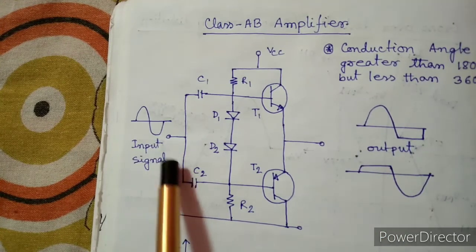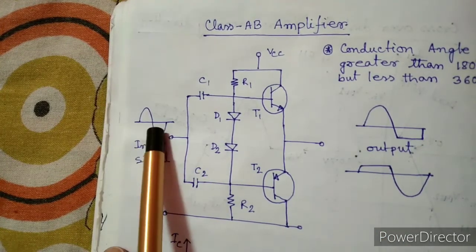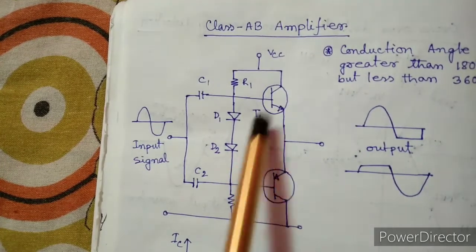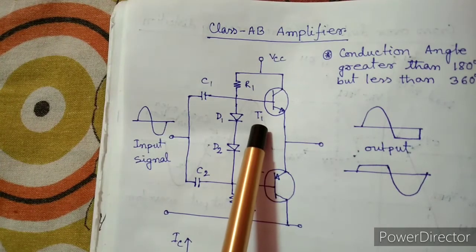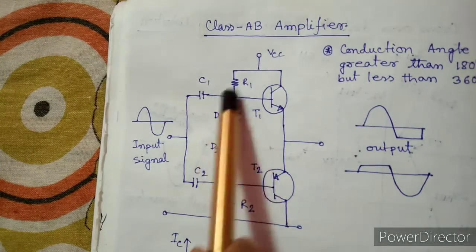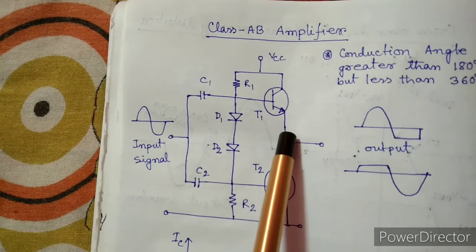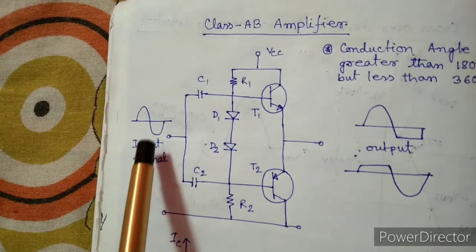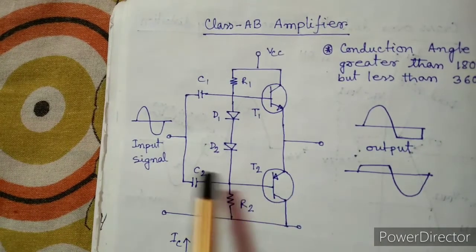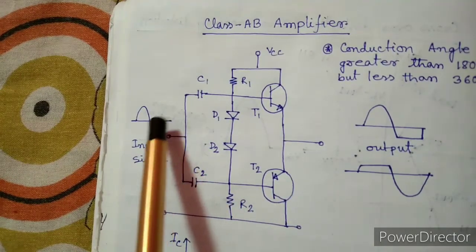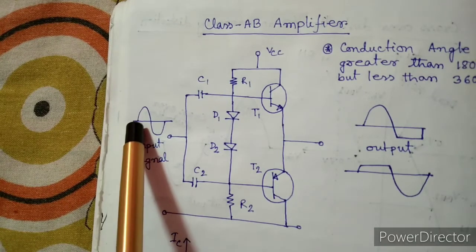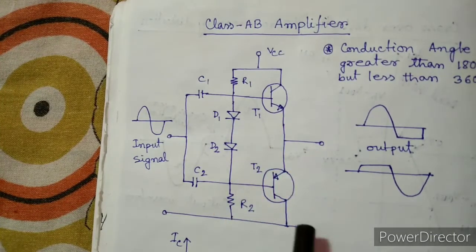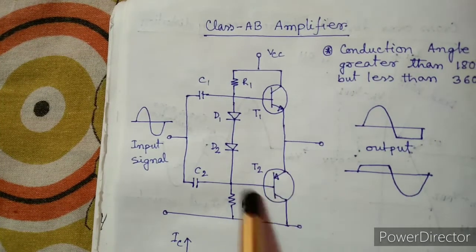Now, how is this working? The same way, when the input is coming, accordingly the base emitter will be in forward bias for transistor T1, then current will pass through the T1 transistor. In the negative half cycle, for greater than 180 degree conduction, transistor T2 will be on.